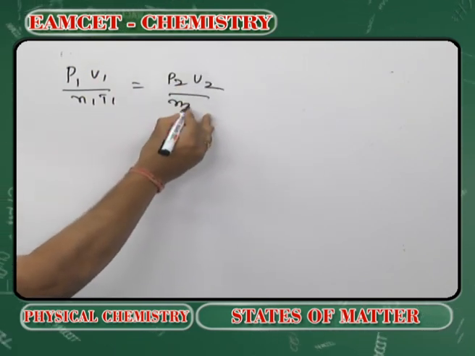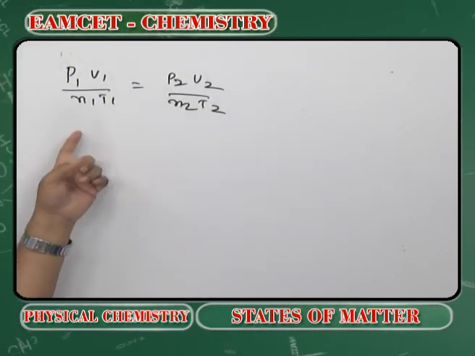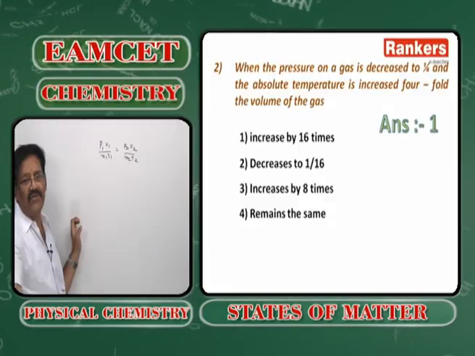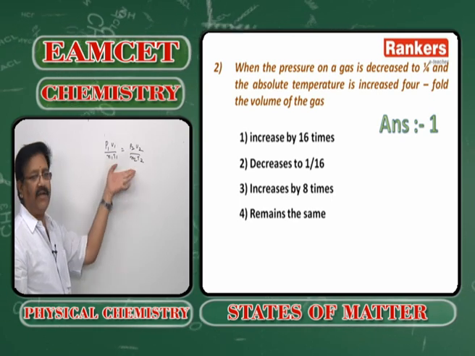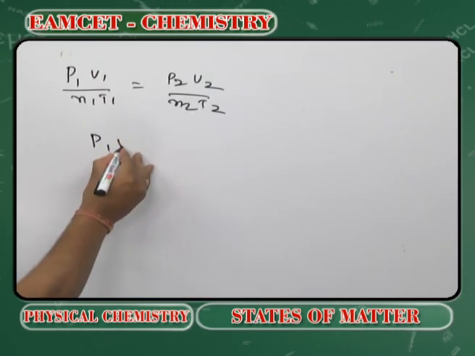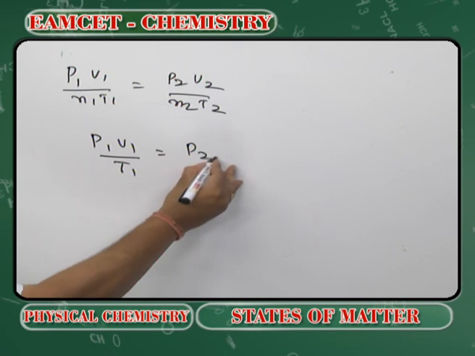Since they did not mention the mass, we can take it for granted that mass is kept constant. Then the equation is reduced to the form P1 V1 by T1 is equal to P2 V2 by T2.